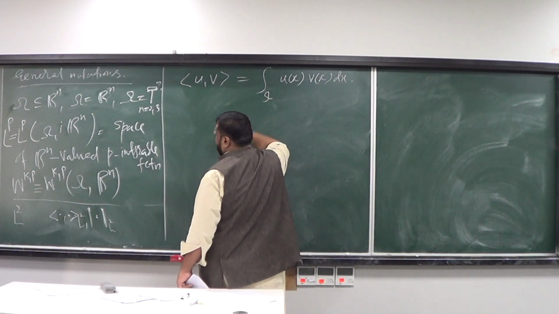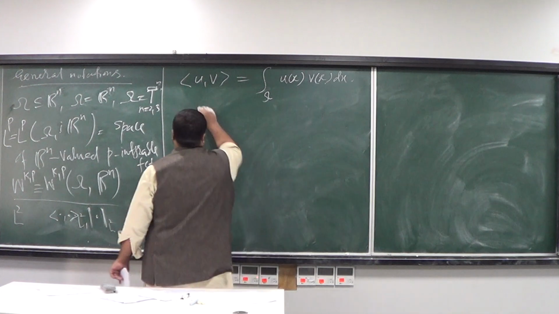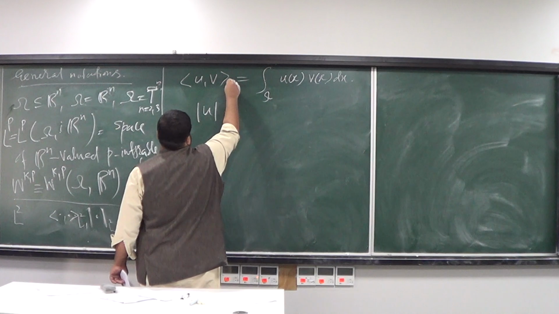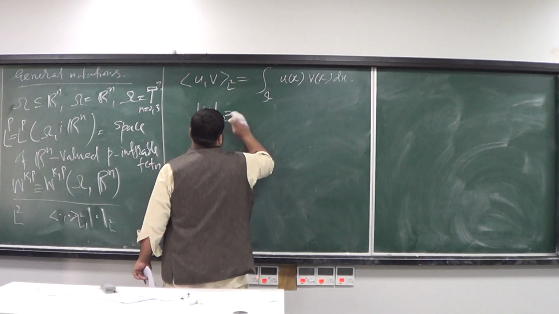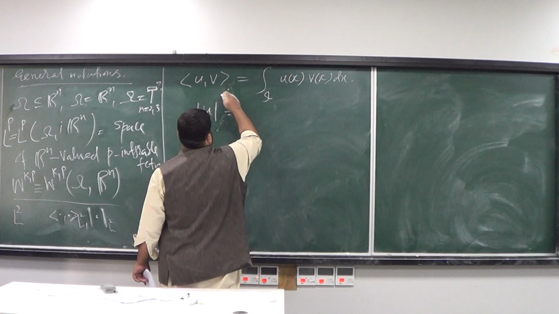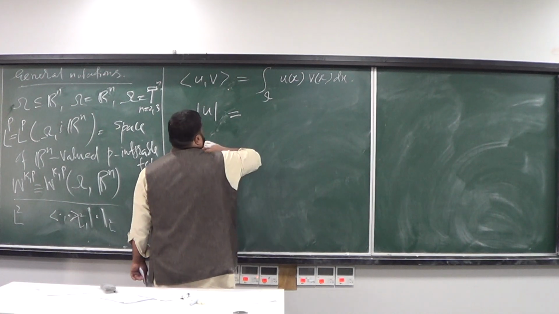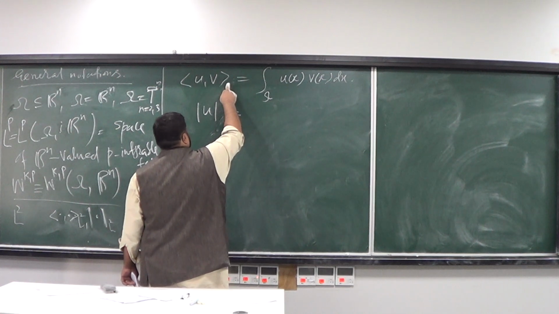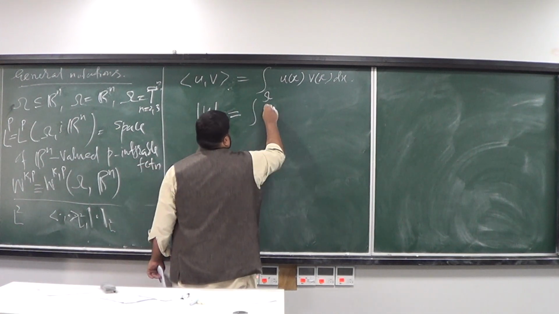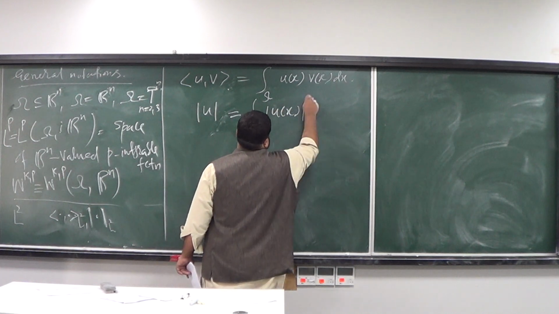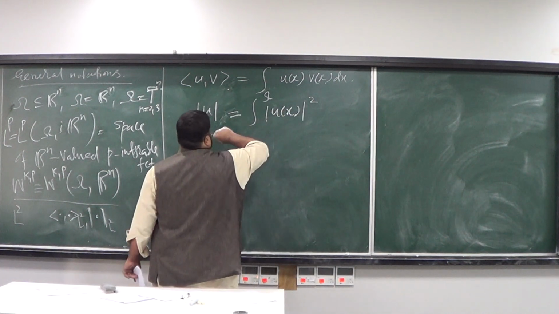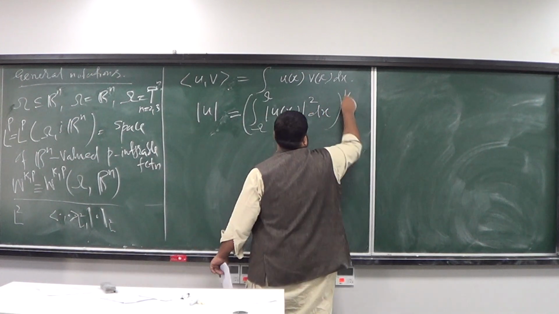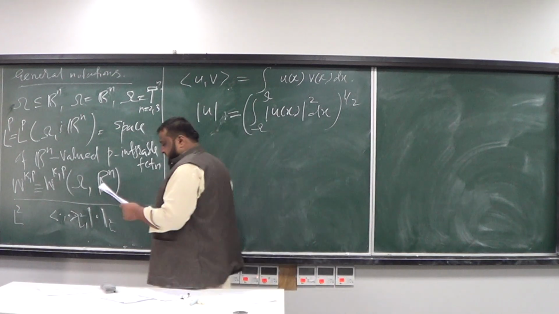And the L2 norm is the integral over omega of u of x squared dx, to the power 1/2. So this is the definition of the L2 norm.